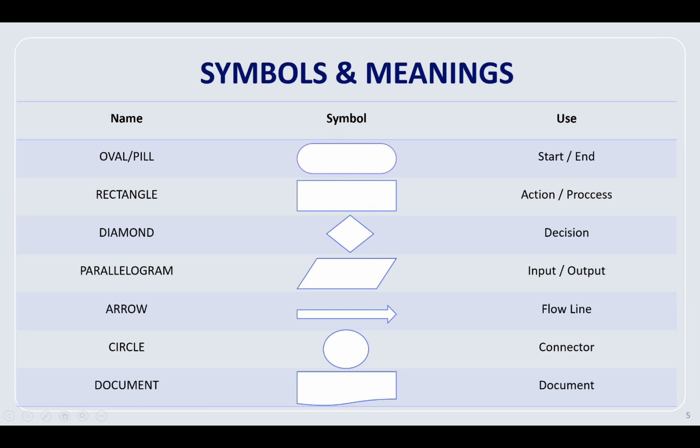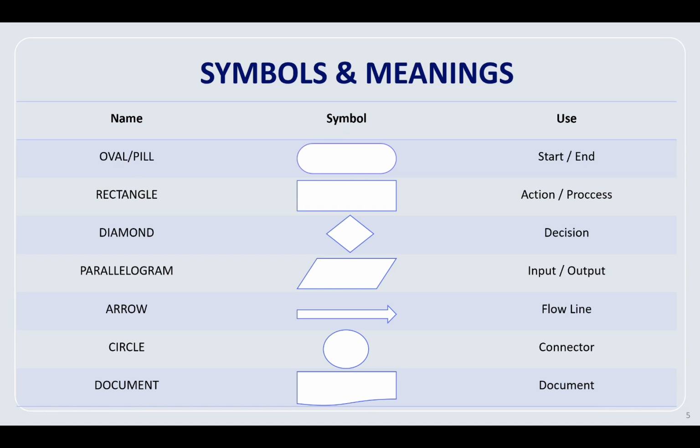So there are a lot of common shapes out there in flowchart, but today I'm going to teach you only about the most common shape that we usually see, need, and use in flowchart. So the first symbol is oval, and you can call it pill.